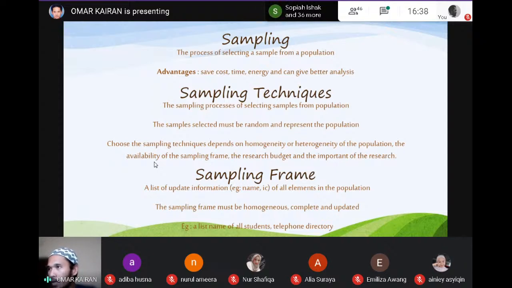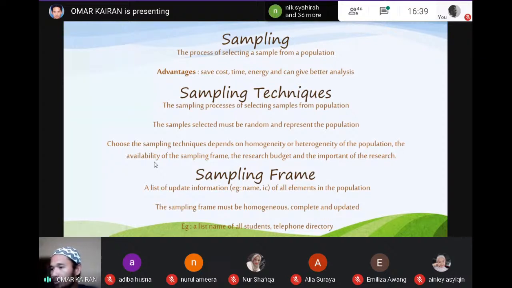So that we call heterogeneous, okay, pelbagai. In the population there is a variety, so it is called a heterogeneous population. If it is a homogeneous population, for example, in one program all the students are taking business studies, around 1,000 students, all taking the course business studies, sama saja semuanya.